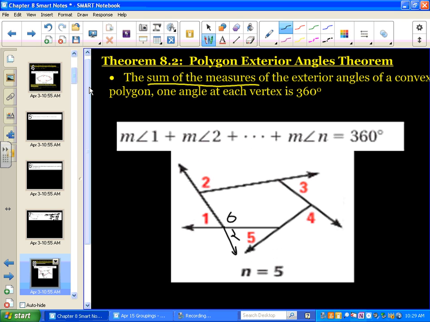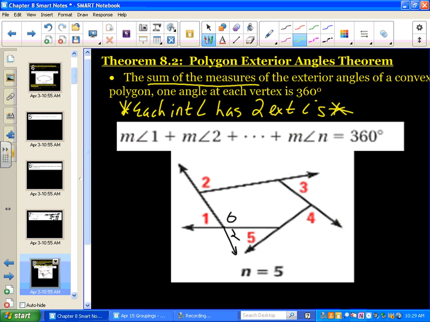So when we say one at each vertex, that's because every interior angle has two exterior angles. But with this theorem, we only want to count one at each vertex.